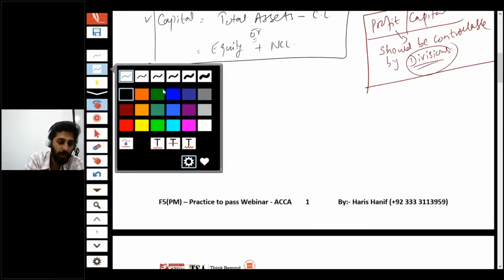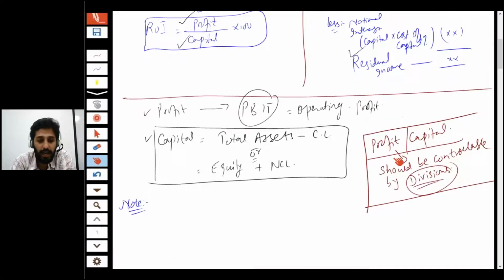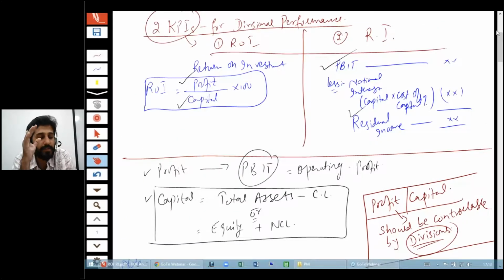Now, one important point to be noted is that there are two KPIs. Which KPI is good? The answer is obviously RI. If I can summarize for you to make you understand, in both the formulas, ROI and RI, there are two things common. Number one is profit before interest and tax, and number two is the capital.